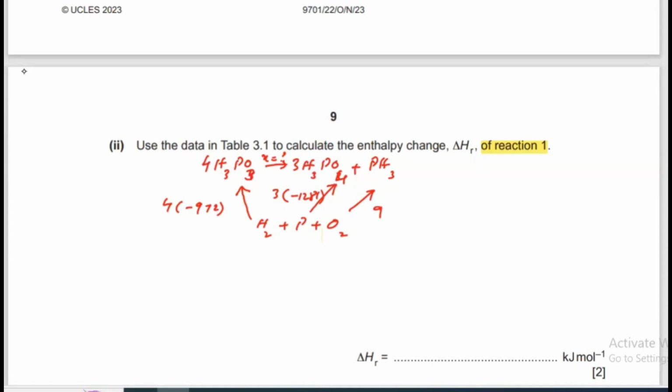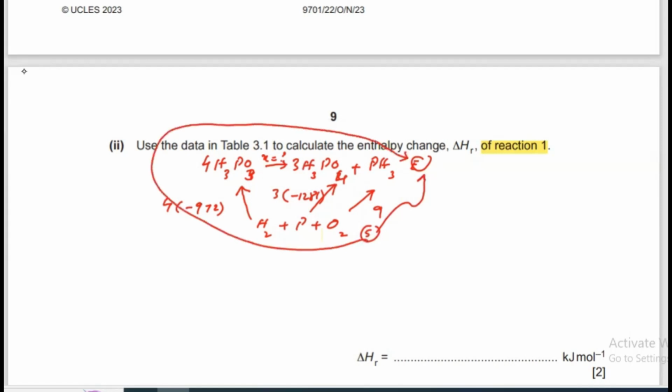So there are two ways: if we start from here, this is the starting point, this is the end point. This is one route, and this is a second route. The enthalpy change in the first route is exactly equal to the enthalpy change of the second route.